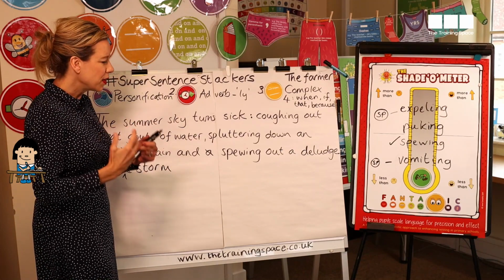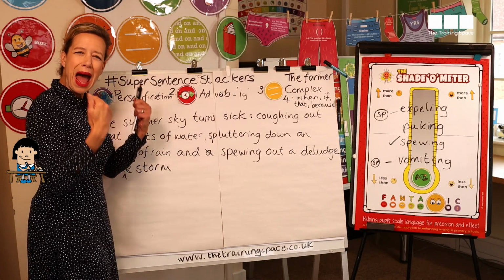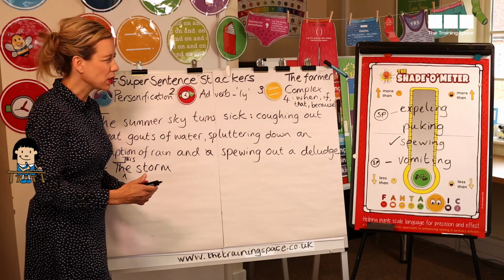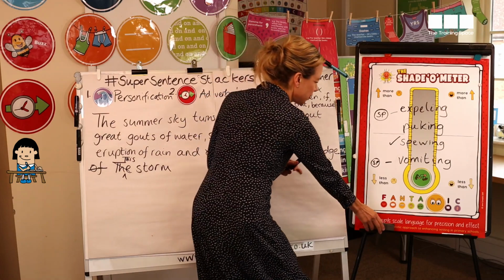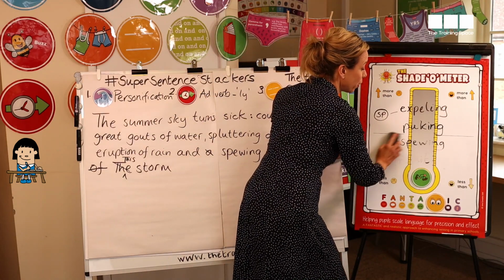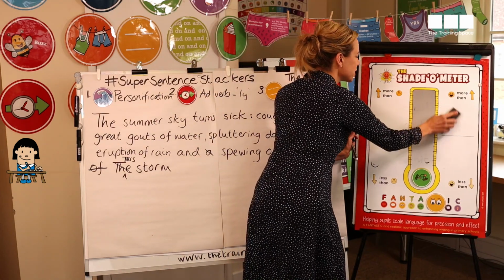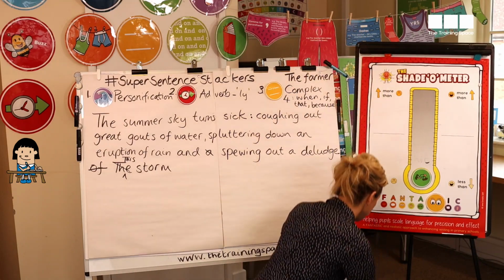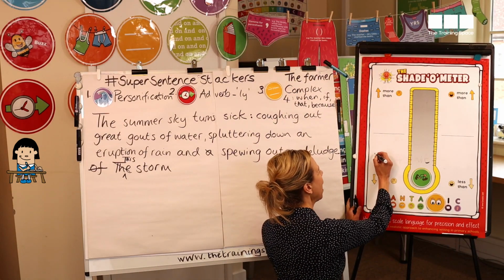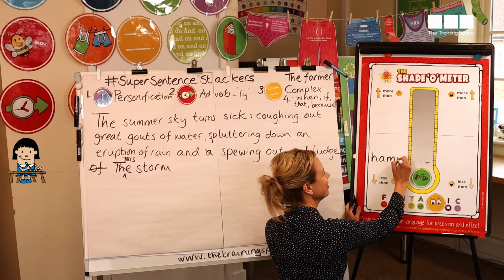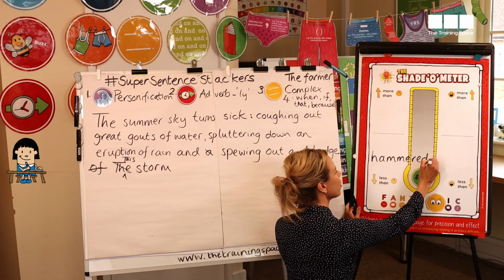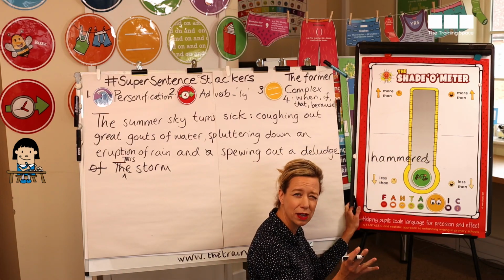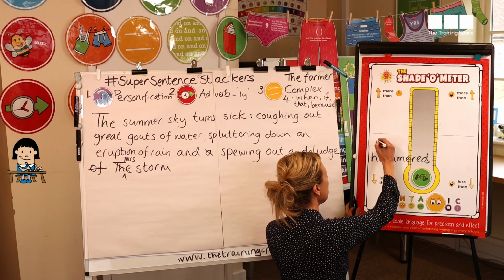Something like this storm hammered. That's quite good actually, but I'm going to just check if that is exactly what I want to do over on my thesaurus thinking board. Let's have a go at some of those. The storm hammered. Oh, that's a good one. Let's write it down, but let's just check it's definitely what we want.